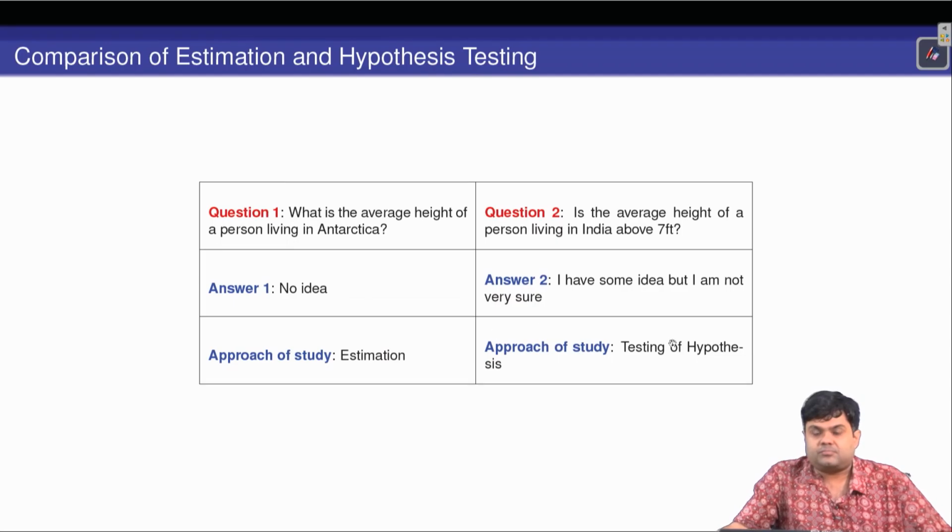Here, even if you have collected a sample and the average height comes above 7 feet, it is very suspicious. You want further tests, further analysis, further samples collected to confirm that, simply because your existing knowledge is saying that something is not right.